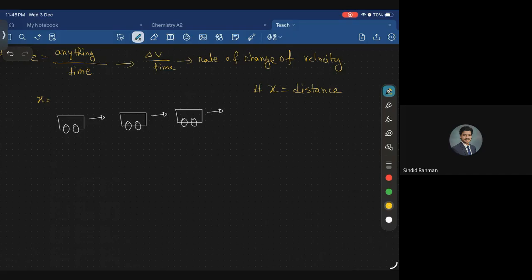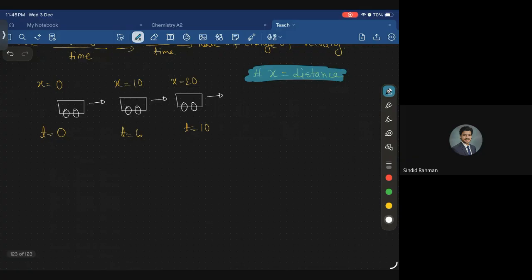So let's say at first when t equals 0, the car was at distance 0. When t equals 6, the car was at distance 10. When t equals 10, the car was at distance 20. So this is the distance of the car. Now let's say I have to find the speed.